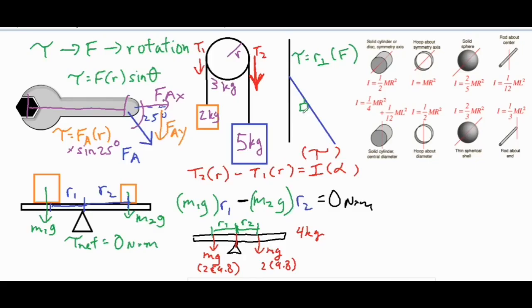What happens is it has a certain force of gravity pulling it down, which is mg as usual. And then the radius perpendicular to it is going to be this one right here, in orange, this distance from here to here. That is your lever arm or radius that is perpendicular from this pivot point over here.